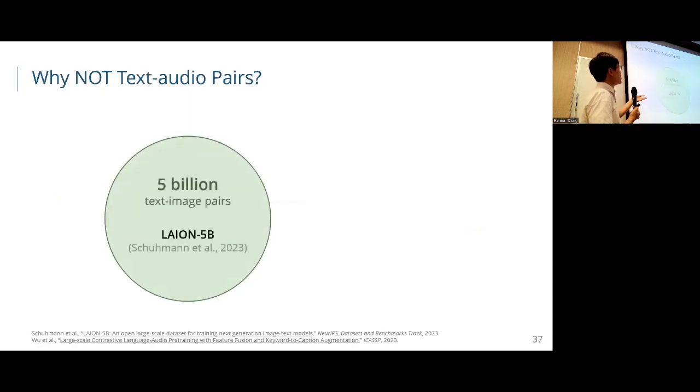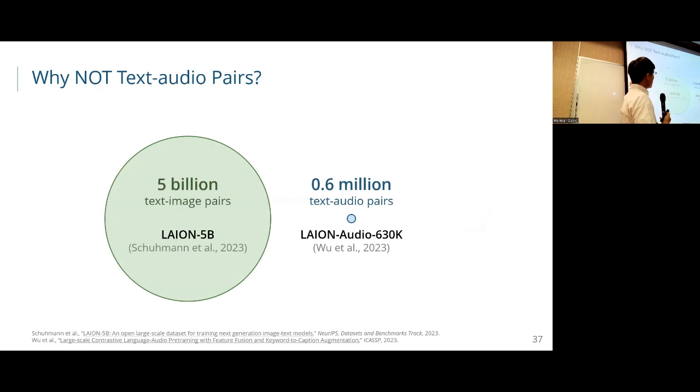So why don't we use text-audio pairs? At the left, we have the text-image pairs used to train DALL-E 2 and the Midjourney models that you've seen recently. It's like 5 billion text-image pairs. But for audio, unfortunately, it's only 0.6 million. So that's why we haven't seen large-scale training on text-audio generation.